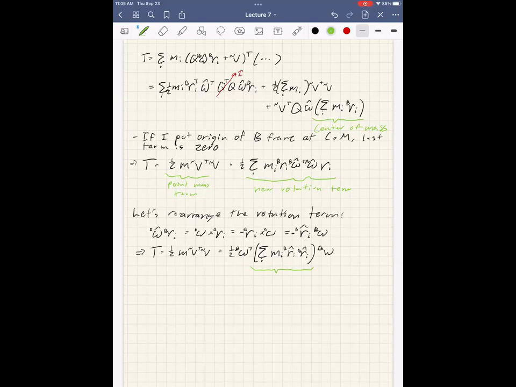This is just a property of the geometry of the body, of the mass distribution of the body. This is called the moment of inertia matrix, tensor, inertia tensor, whatever you want to call it. Technically, this is a matrix, not a tensor, because it's written in components in some frame.